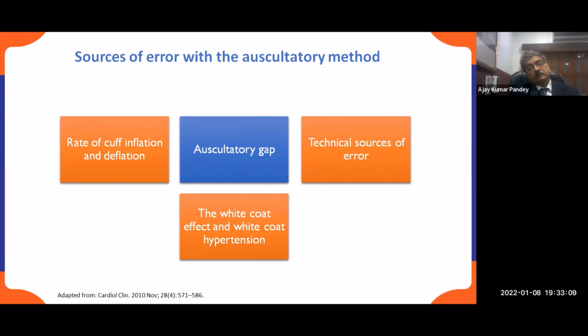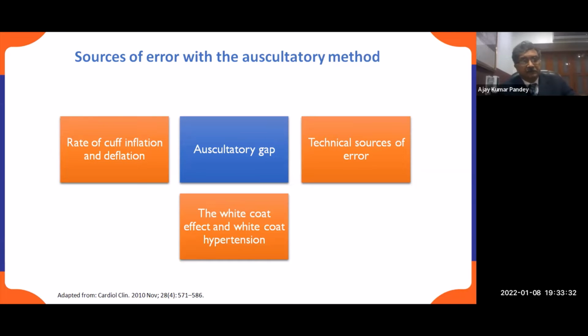There is an entity called the auscultatory gap. What is the auscultatory gap? Those of you who are fresh from MBBS and those appearing for PG entrance all know about it. Whenever we take a blood pressure by the palpatory method, we find the blood pressure is on a higher side.